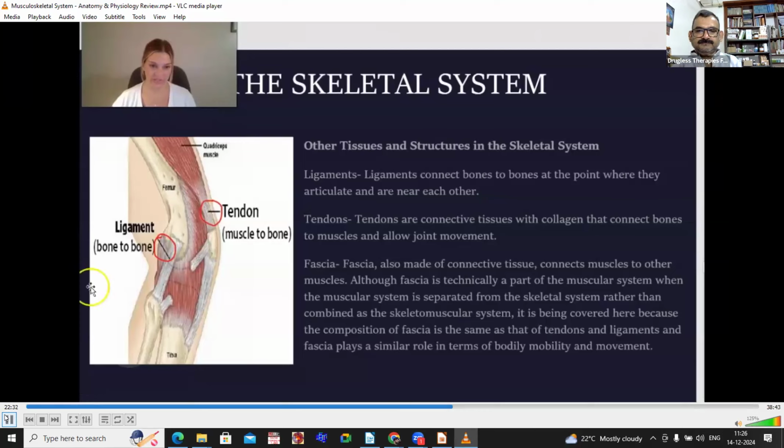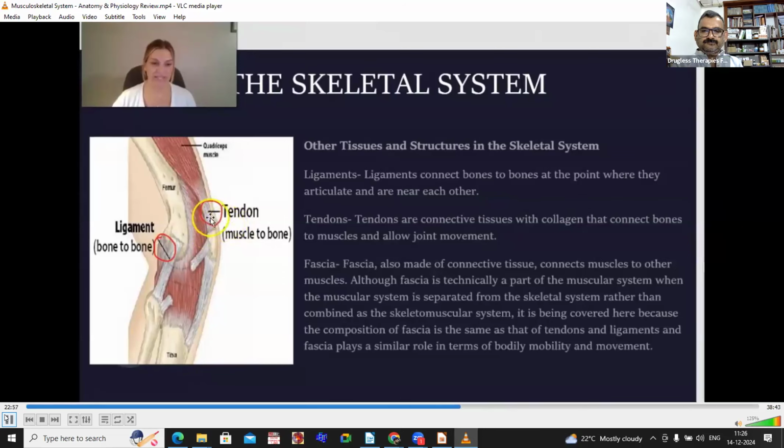Here in this picture, you can see this tendon right here. I'm sorry, you can see this ligament right here. So this ligament is connecting bone to bone. And then you have the tendons. The tendons are connective tissues with collagen that connect bones to muscles.